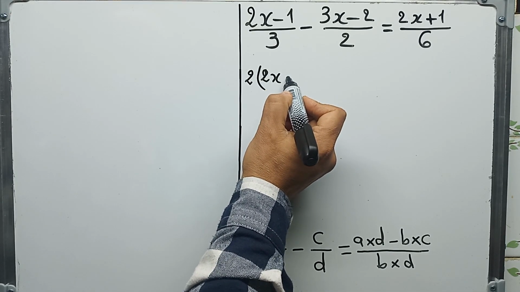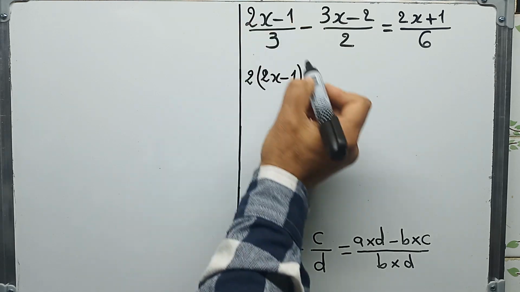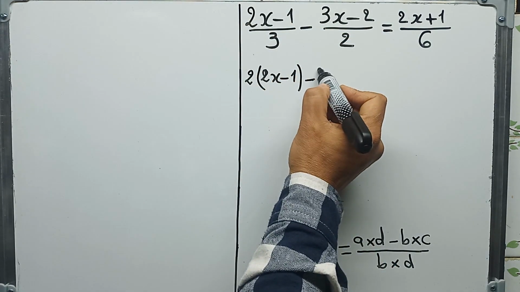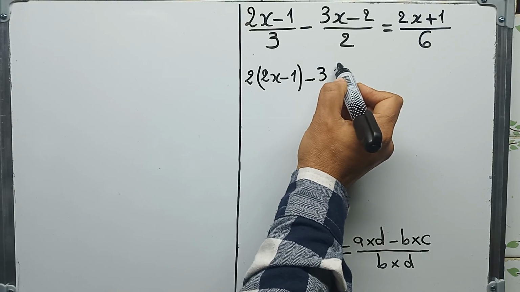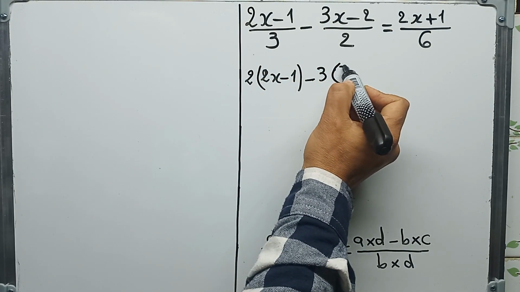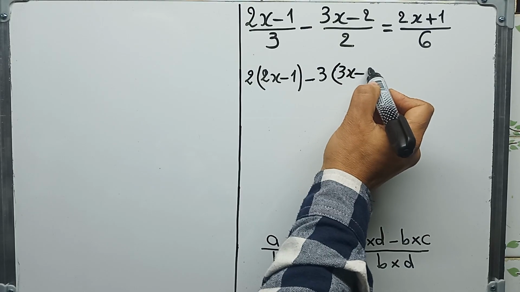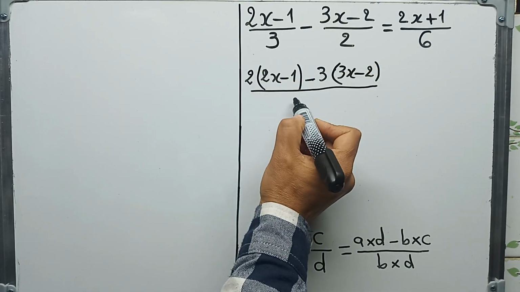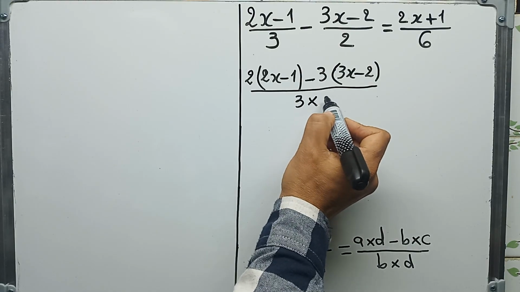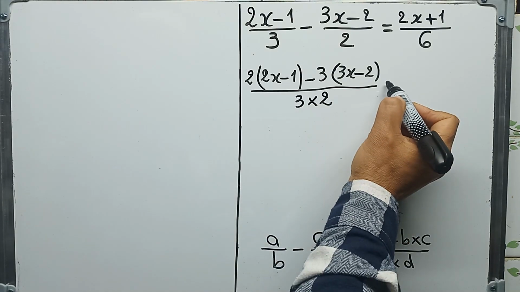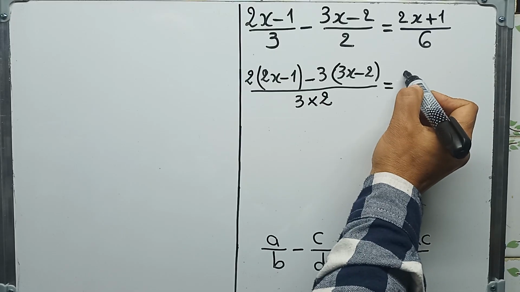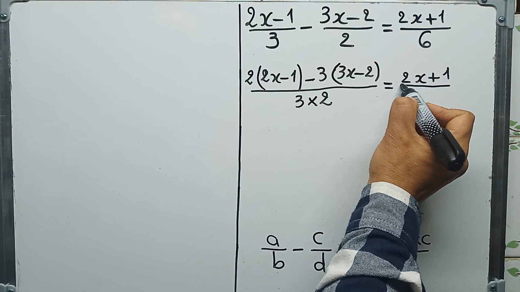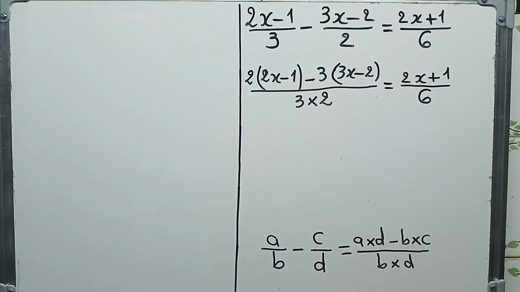Here we apply it like this: 2 times (2x minus 1), minus, here like this, 3 times (3x minus 2), divided by 3 times 2, equals (2x plus 1) over 6.